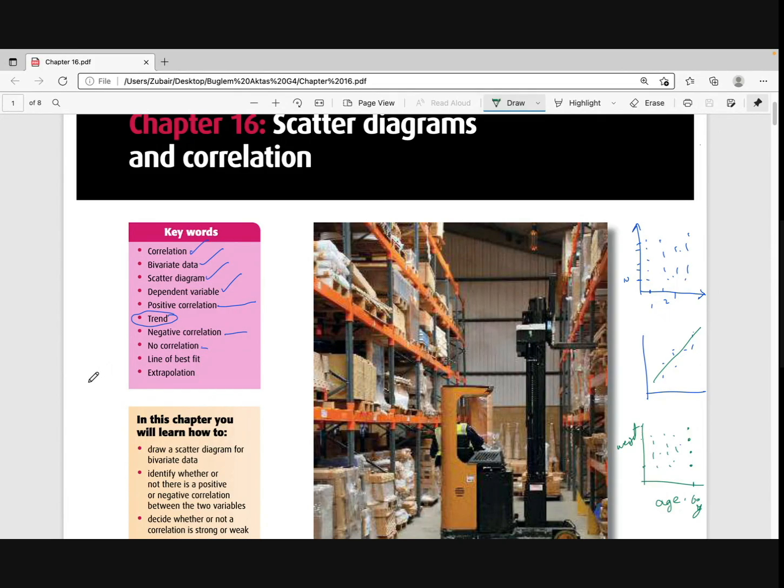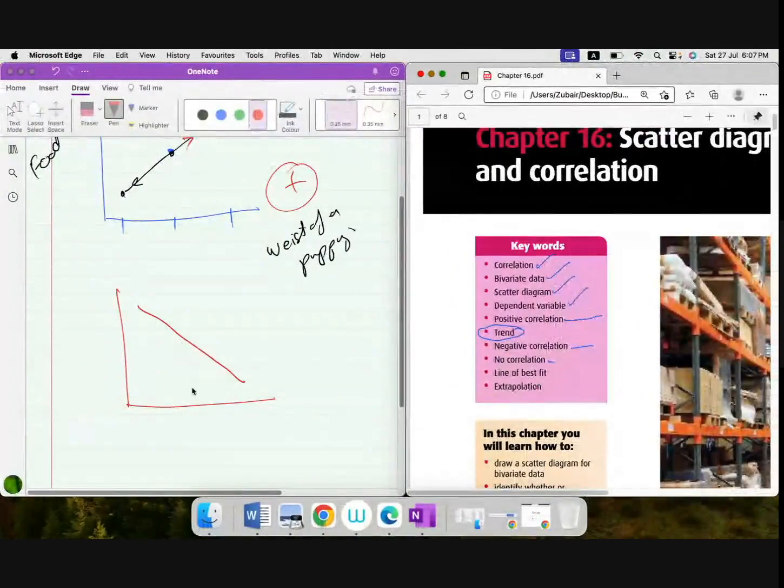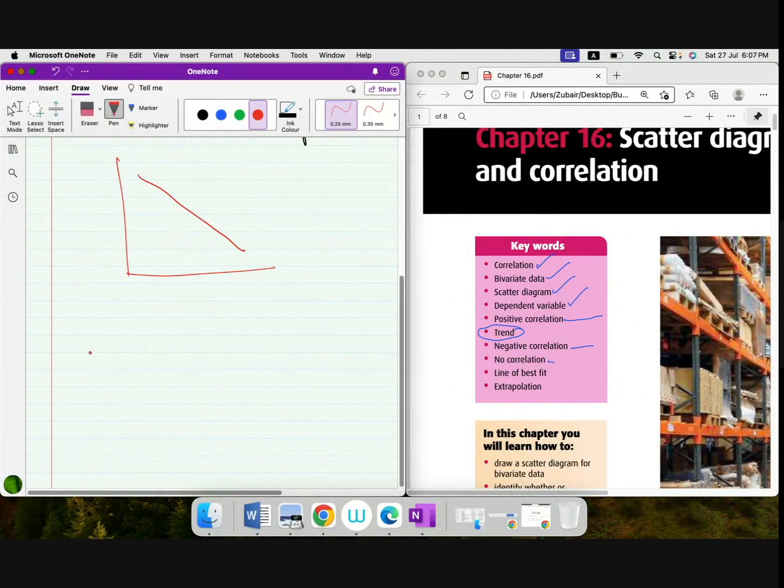For example, you would know when we buy something in large numbers, the price is actually lower per unit. Do you agree? For example, we are buying 10 plastic cups versus 110 cups.